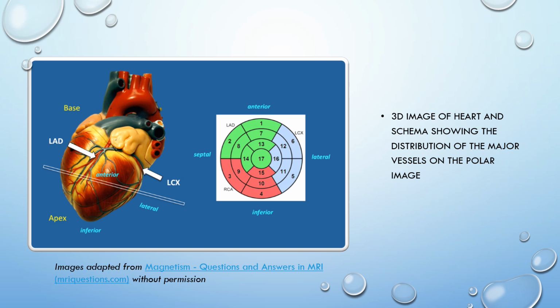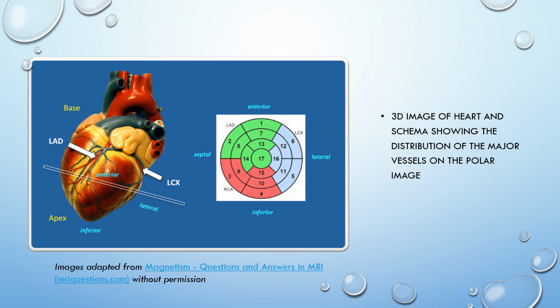On the lateral, on my right, from about the 1 o'clock to the 5 o'clock, it's a lateral beat supplied by the left circumflex. We come to the inferior segment from 5 o'clock to 9 o'clock, which is the inferior beat supplied by the right coronary artery. And then from the 9 o'clock to the 1 o'clock back up is the septum to parts of the anterior, supplied by the left anterior descending artery.